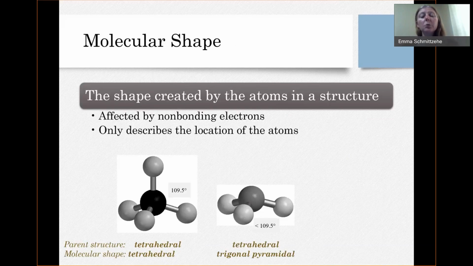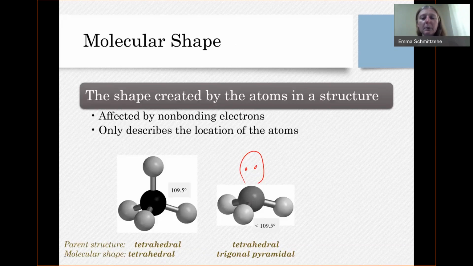And so you still have this lone pair. It's not shown on this, but I can kind of draw in a little lone pair there. So you have a lone pair. It's still taking up space and pushing those other things away. And so what it causes is the shape of that molecule to then be trigonal pyramidal. And so where that name comes from, it's just a geometric type name. So you have kind of a pyramid that is formed with a triangle base.